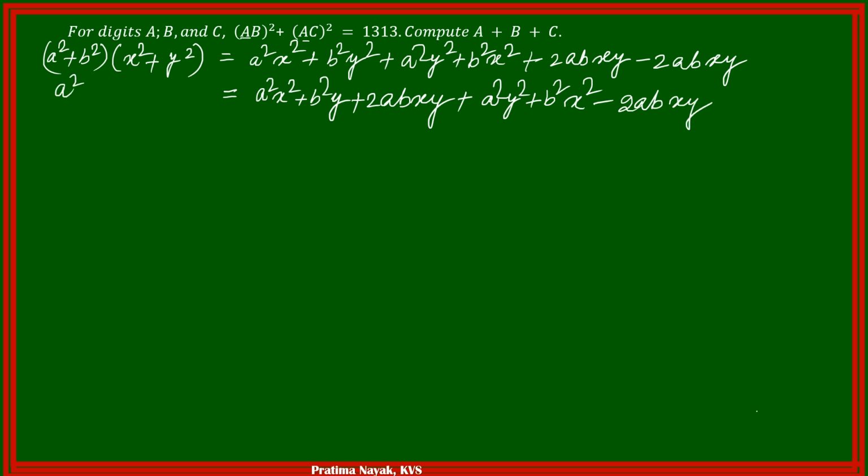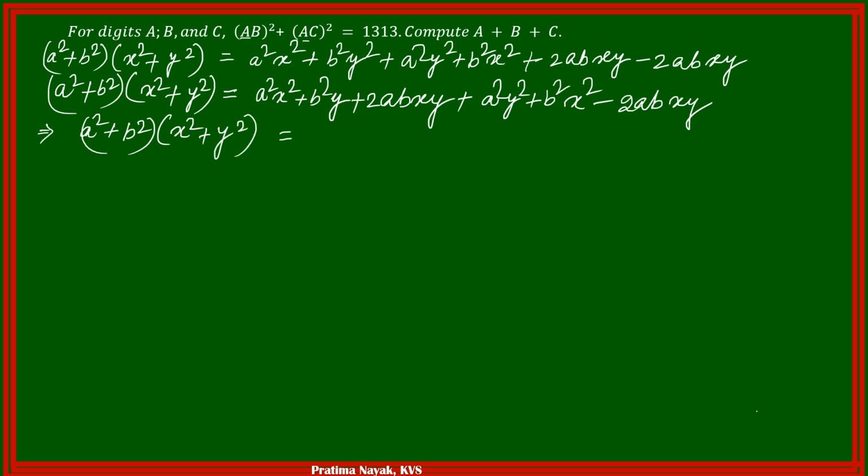So this was the left hand side. This means (a square plus b square) into (x square plus y square) equals, taking together, (ax plus by) whole square plus (ay minus bx) whole square.